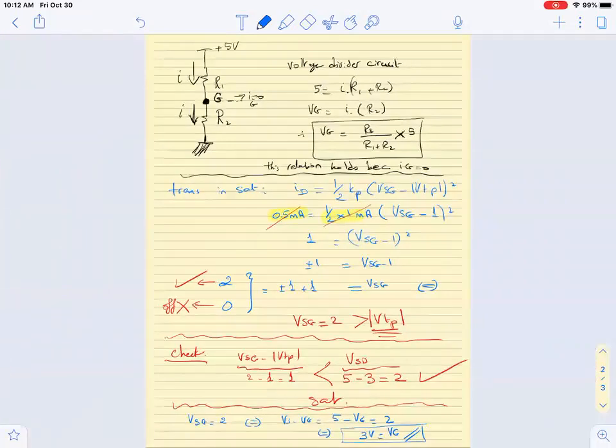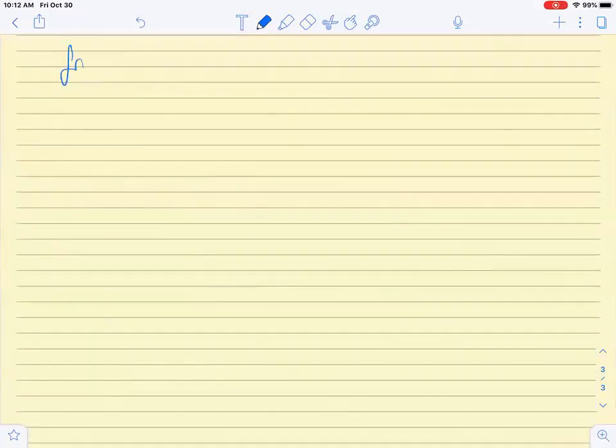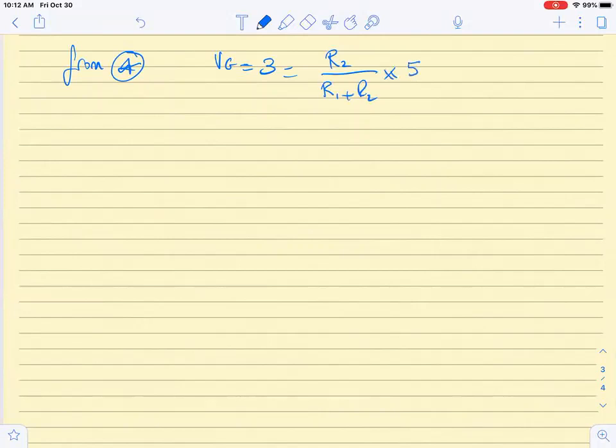So we go back to equation star. We have VG, which is equal to 3 volts, equal to R2 over R1 plus R2 times 5 volts.